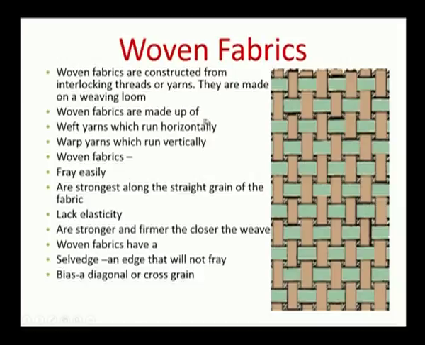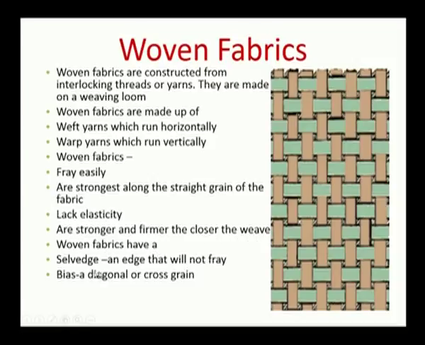Woven fabrics are made up of weft yarns and warp yarns, one running horizontally, another running vertically. If you consider one vertical, another row will be horizontal. Woven fabrics fray easily, are strongest along the straight grain of the fabric, and lack elasticity. If you are doing this kind of process, horizontal and vertical, the elasticity property will decrease. They are stronger and firmer the closer the weave.